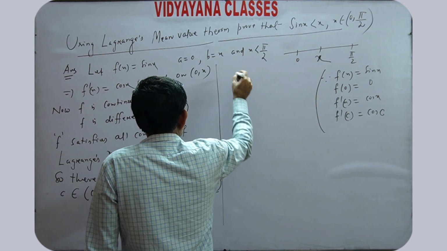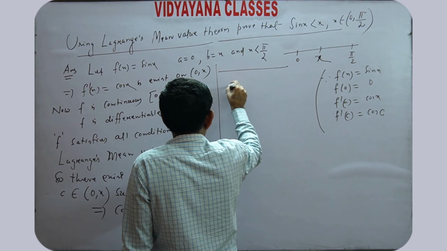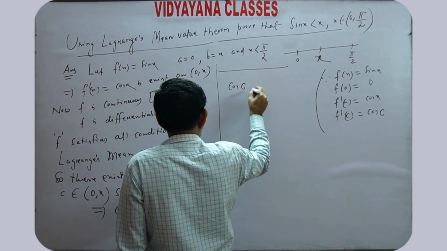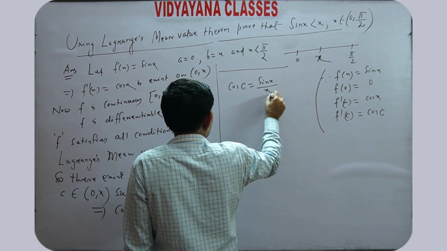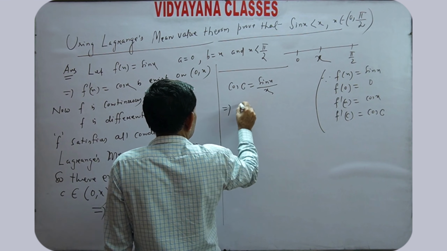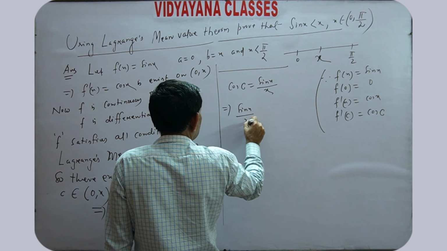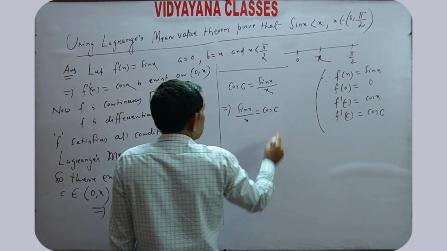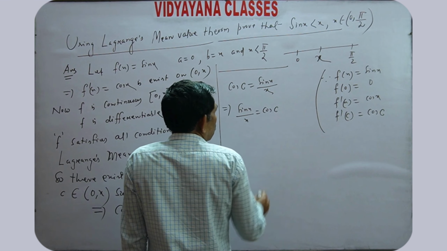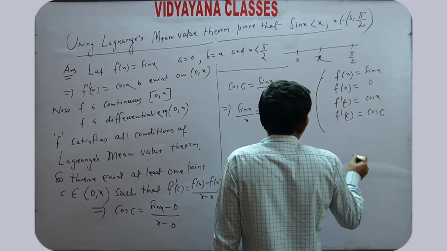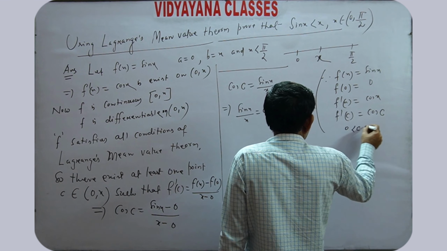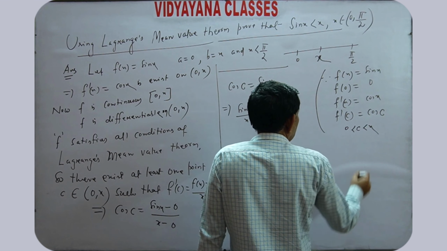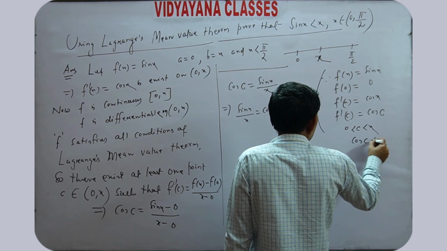Since cos c is equal to sin x divided by x, which implies sin x by x is equal to cos c. Cos c, what is c? c belongs to the interval greater than 0 and less than x, so cos c is less than 1.